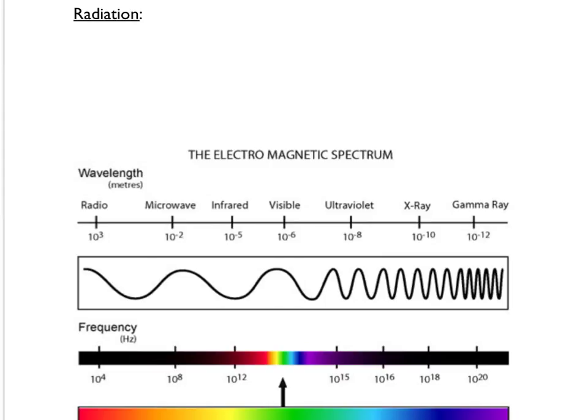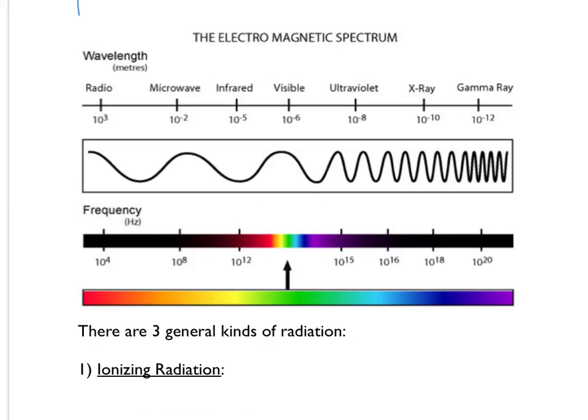Now let's talk about radiation. Radiation is the emission of energy in the form of electromagnetic waves or fast-moving particles. You've probably seen the electromagnetic spectrum before. If you notice, the lower frequency waves are located here, like radio, microwave, and infrared. Visible light is kind of in the middle, and that's light that we see.